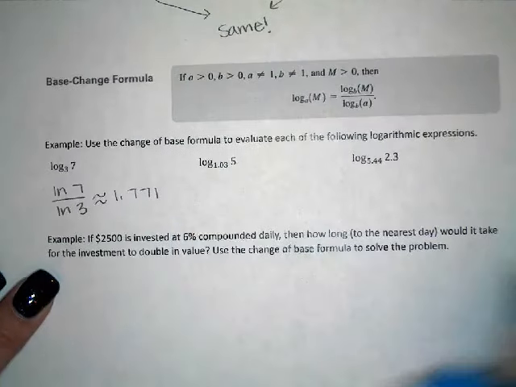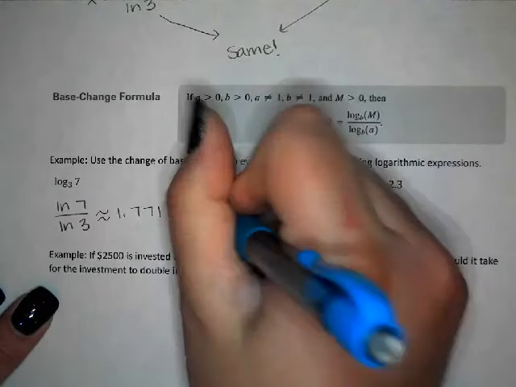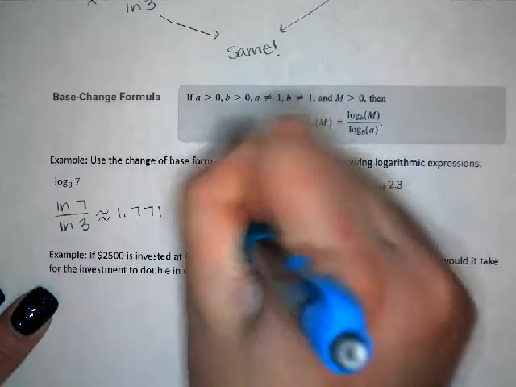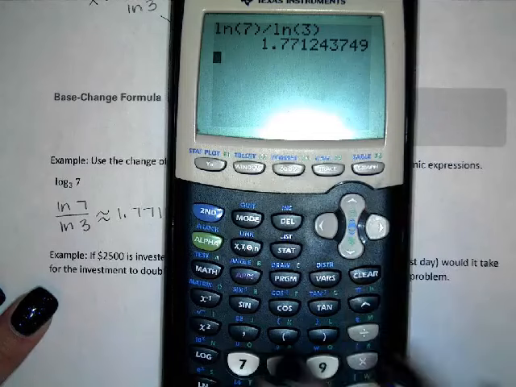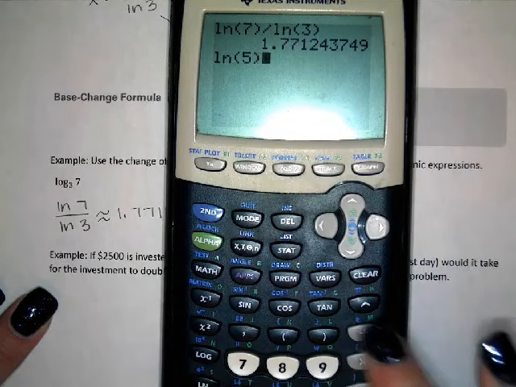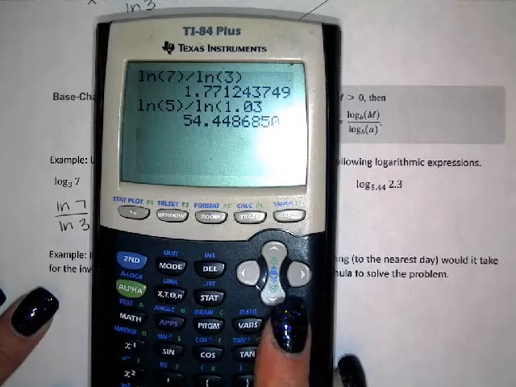Log base 1.03 of 5 would be ln 5 over ln 1.03, which is 4.449.